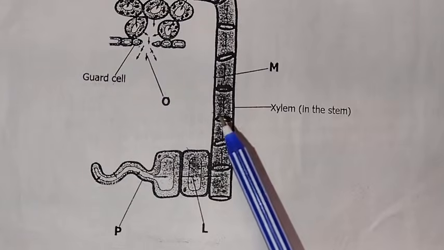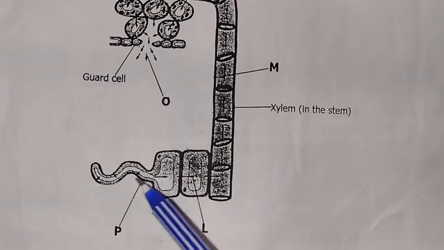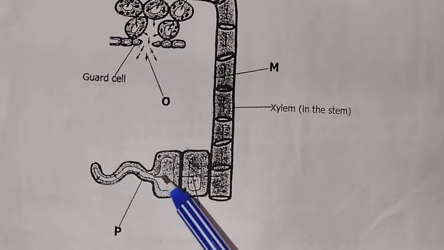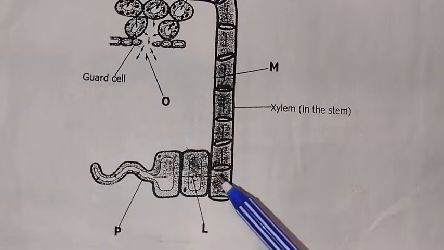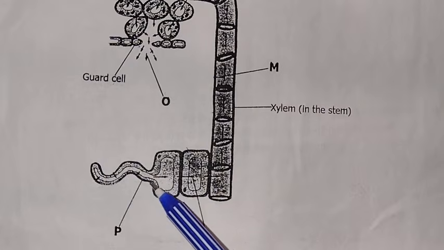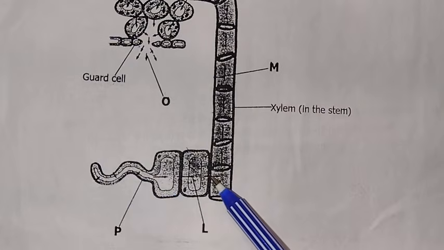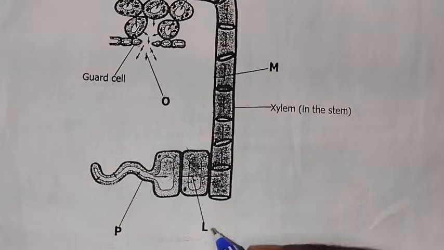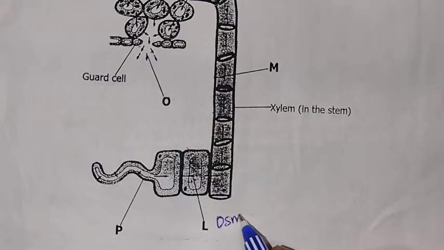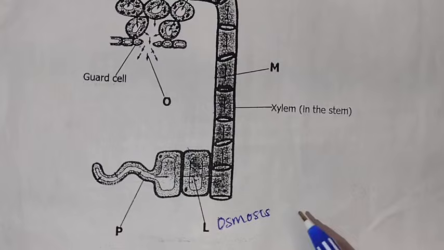So we said here we have the root hair cell. This root hair cell absorbs water from the soil by the process of osmosis. So here at point L, water is going to move through the plant by the process of what? Osmosis. So we are saying at point L, water will move by the process of osmosis.